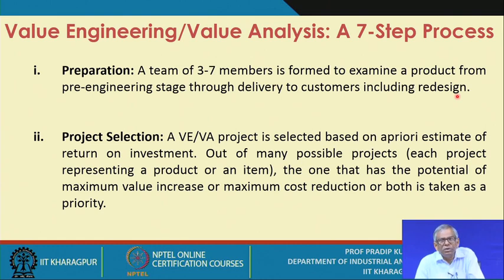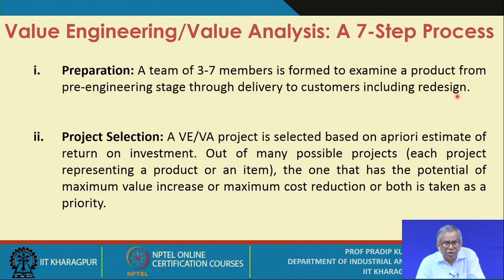Now obviously with limited time and resources, you have to be very, very selective. While you select the few products for value engineering study, you must be able to specify the selection norms. So this is referred to as the project selection.